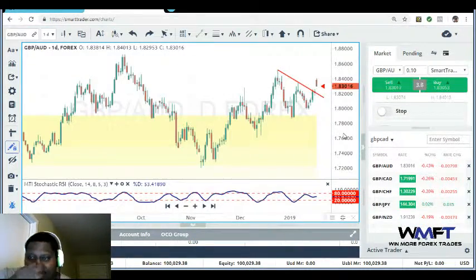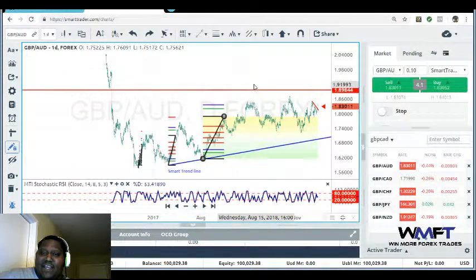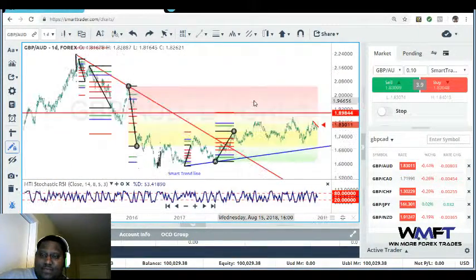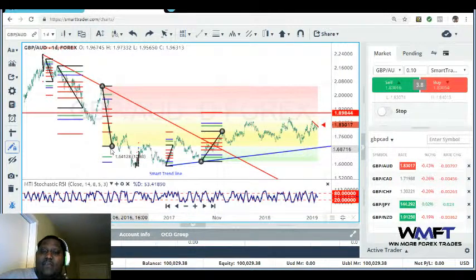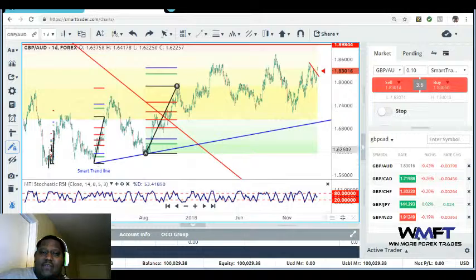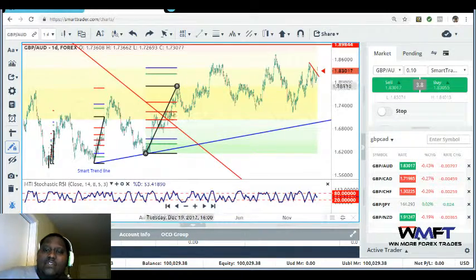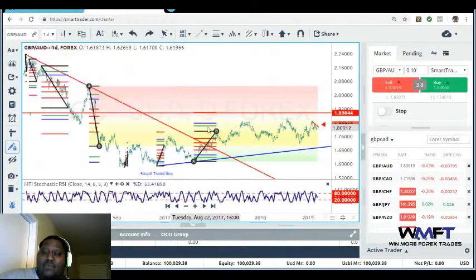So we go to the daily time frame, and we see that we had a downtrend line that has been broken. We still have a down AB Fibonacci swing that is still in play, but we have a few sub Fibonacci swings here, and then we have our number 2 sub swing inside of the overall down AB swing.